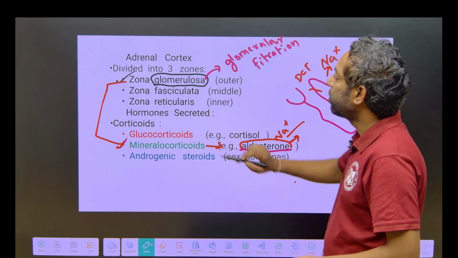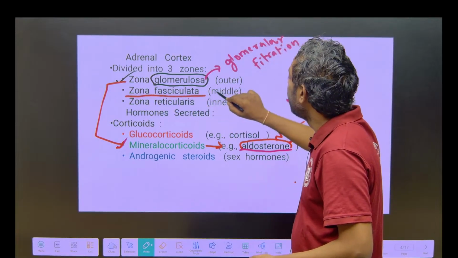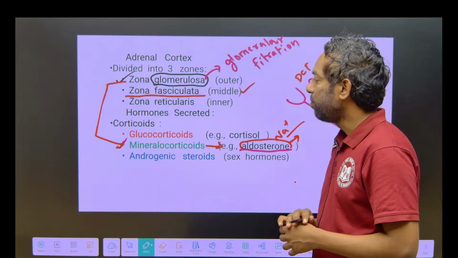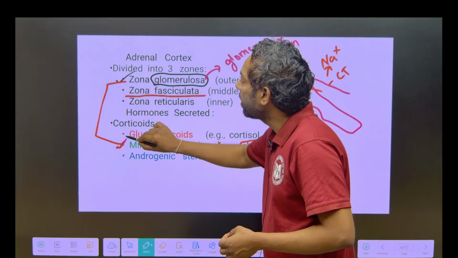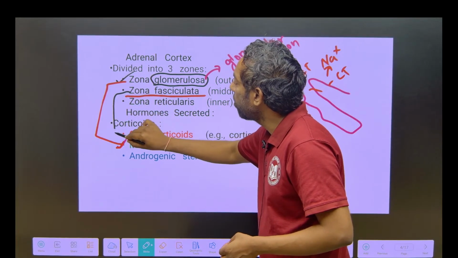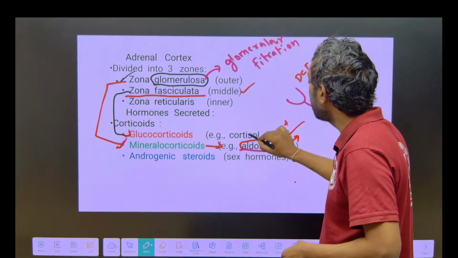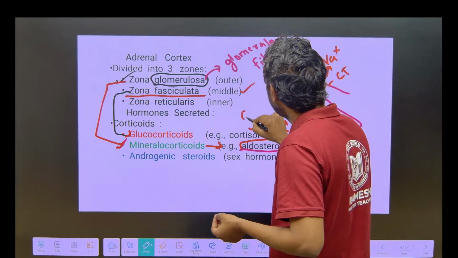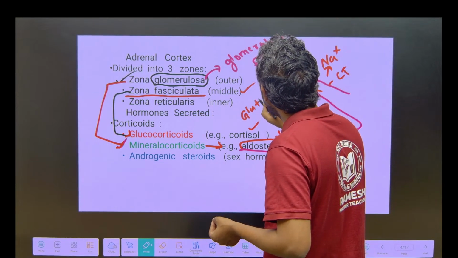Zona fasciculata, the middle layer of the adrenal cortex, releases glucocorticoids. Glucocorticoids, meaning cortisol, regulate the glucose levels in the blood.